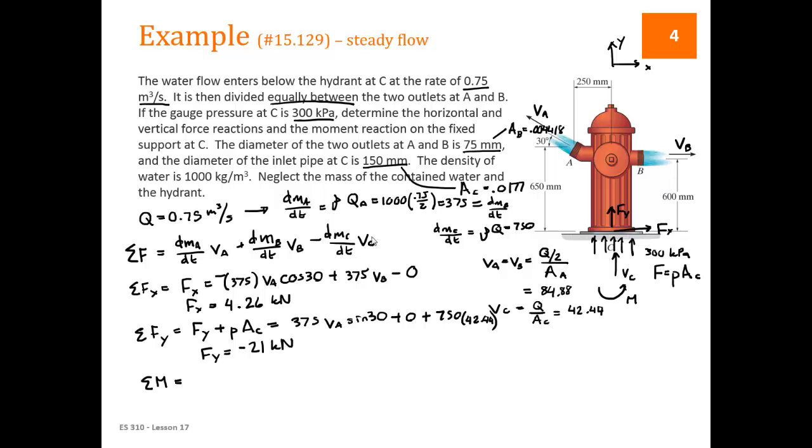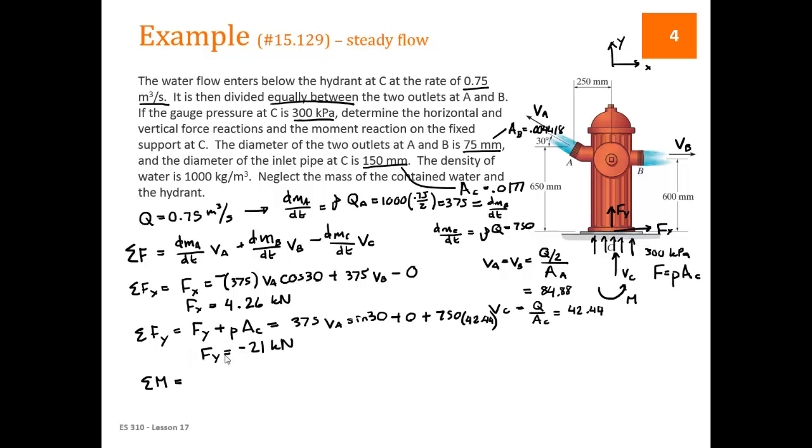So the flow at A has an x component and a y component, and both of those are going to create a moment around this bottom point. The flow at B has just an x component that will create a moment, and the flow at C is through the point that we're interested in, so it does not create moments.